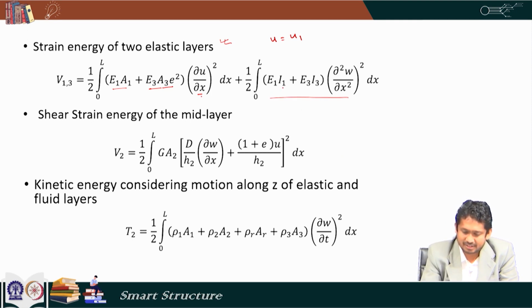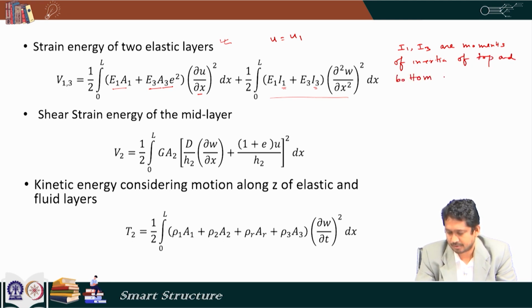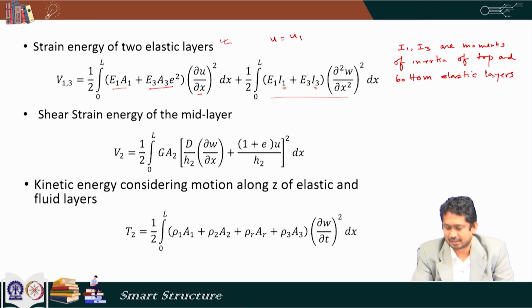Now, these I1 and I3 are the moments of inertia of the top elastic layer and the bottom elastic layer, and these are defined with respect to their own centroid.